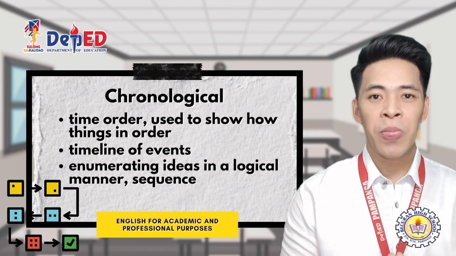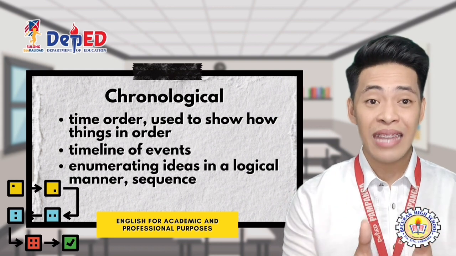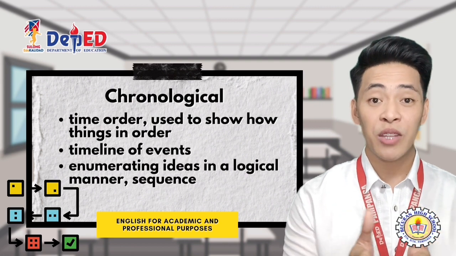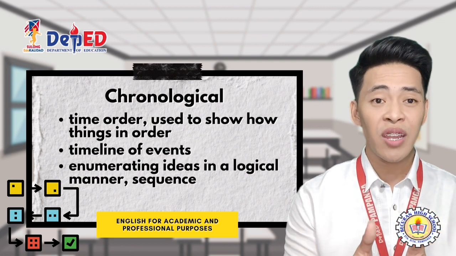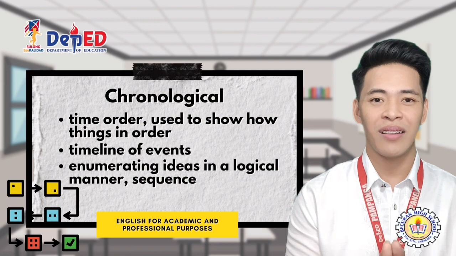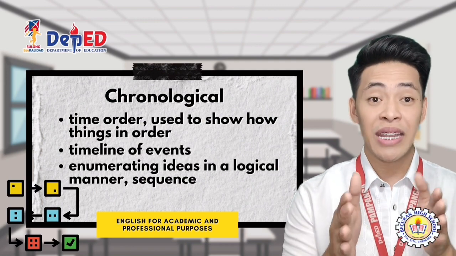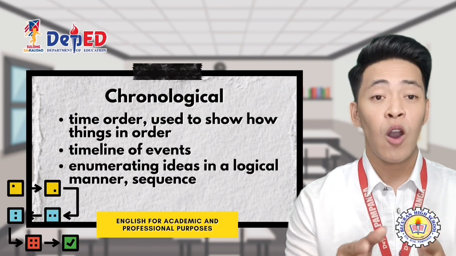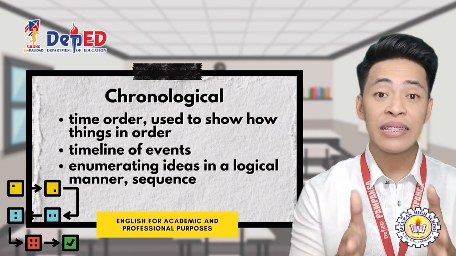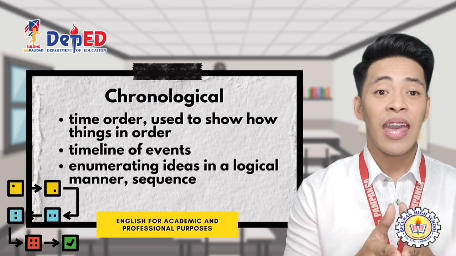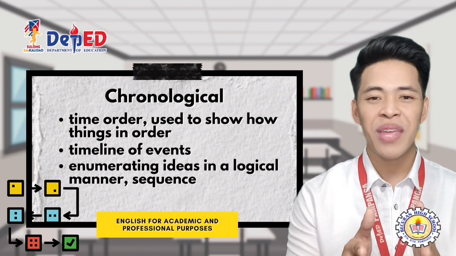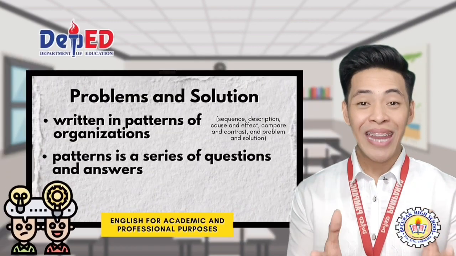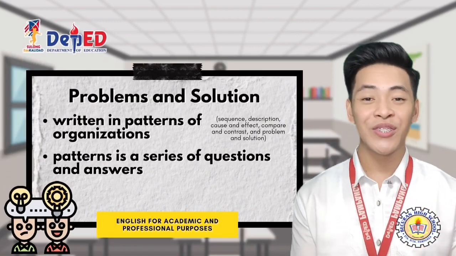For example, when the writer writes the text using this structure or pattern, particularly if it has something to do with events or a story or even procedures as well, then you will present your ideas like narrating the details of the story, or simply presenting the timeline of events and writing it according to how something happened in logical order. Finally, we have problem and solution.